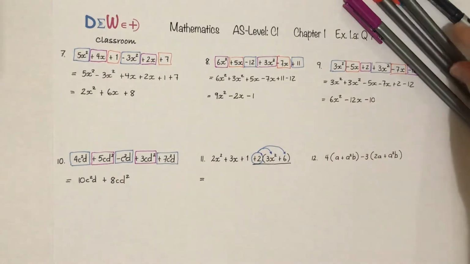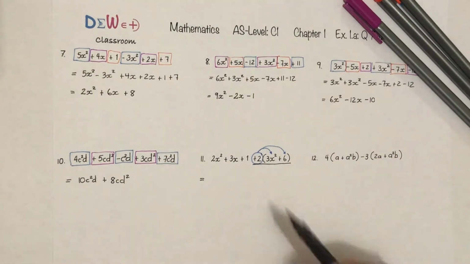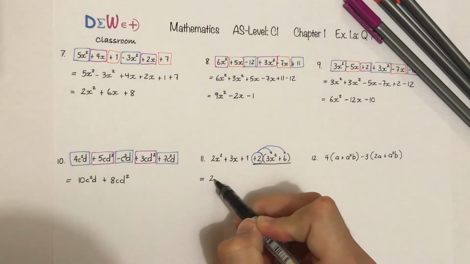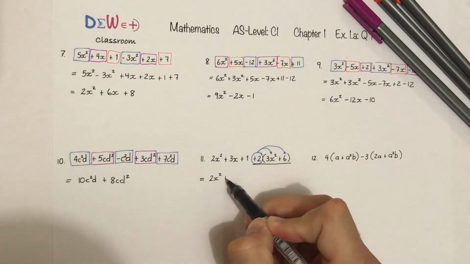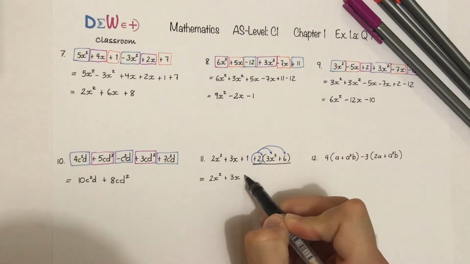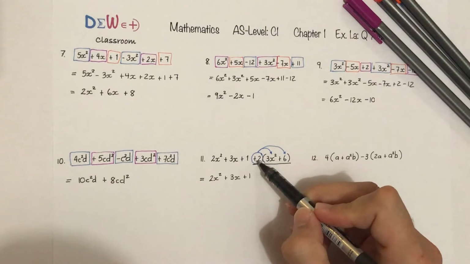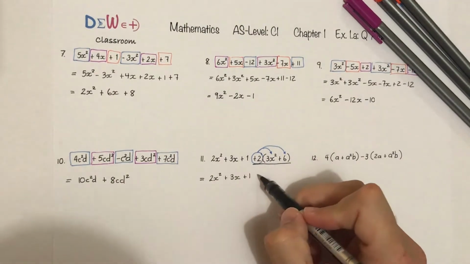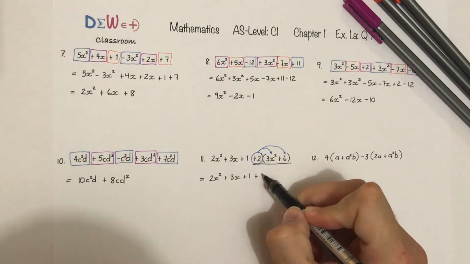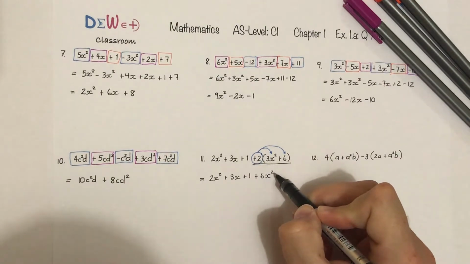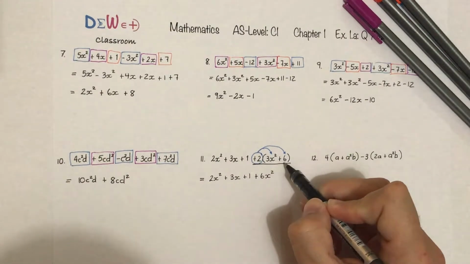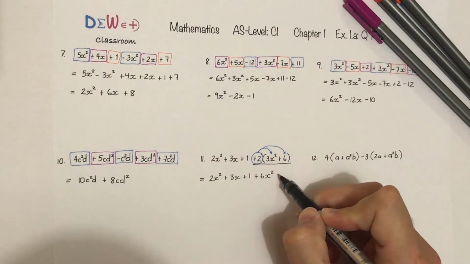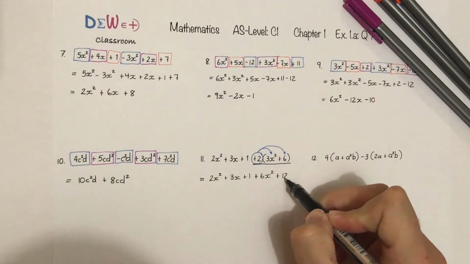So if we were going to rewrite this expression, we would have 2x squared plus 3x plus 1, plus 2 multiplied by 3 will give you plus 6x squared, and plus 2 multiplied by plus 6 gives you plus 12.